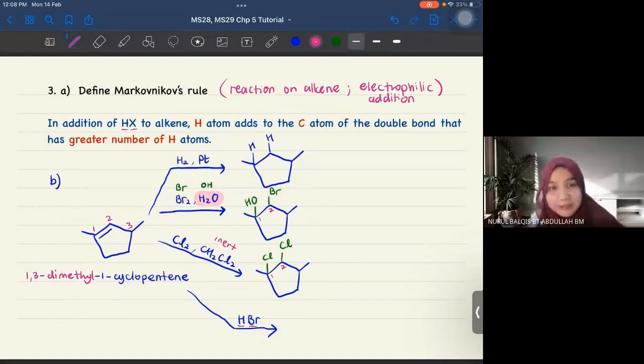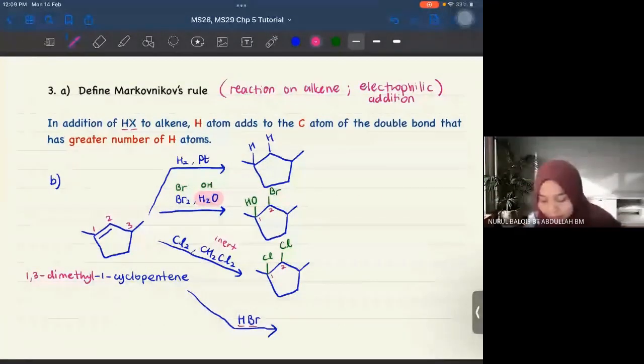But in some cases, usually for bromine, they will say anti-Markovnikov, or with the presence of acid peroxide. Please bear that in mind. Sometimes they give you the reactant, 1,3-dimethyl-1-cyclopentene, and suddenly they give a product. You must look carefully where the Br goes. If the Br goes onto the carbon with more hydrogens, it means it is anti-Markovnikov. So be careful when the reagent is provided.